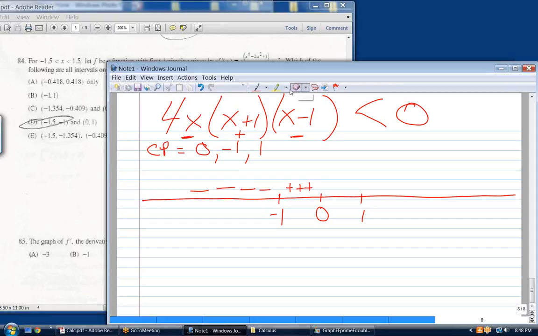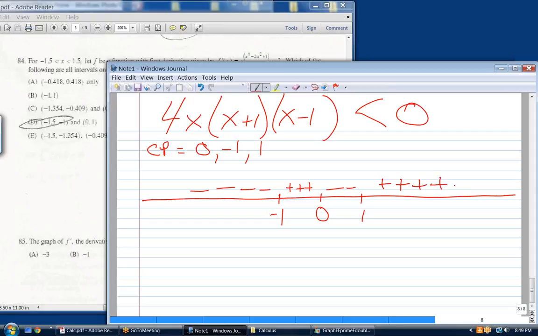Now let's test +1/2. That's positive, that's positive, that's negative. So it's negative, and now let's test a point to the right of 1, positive, positive, positive.